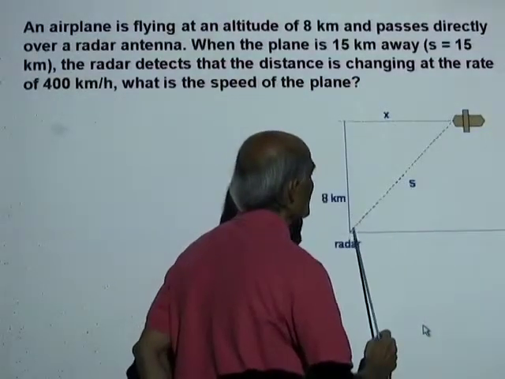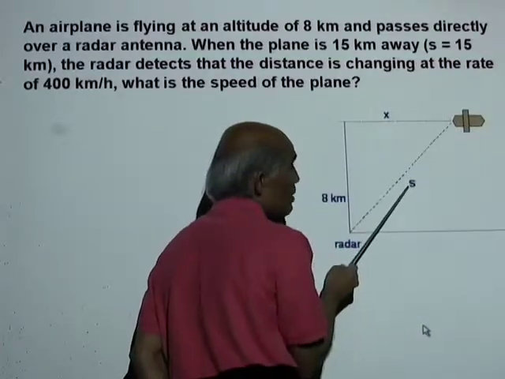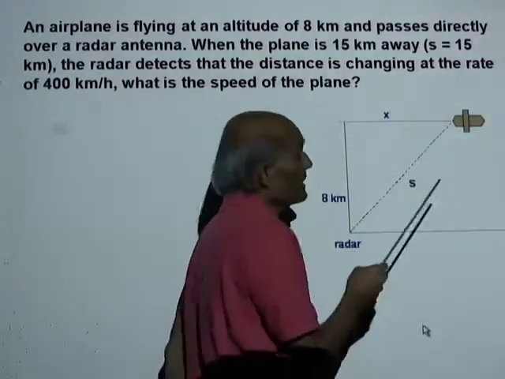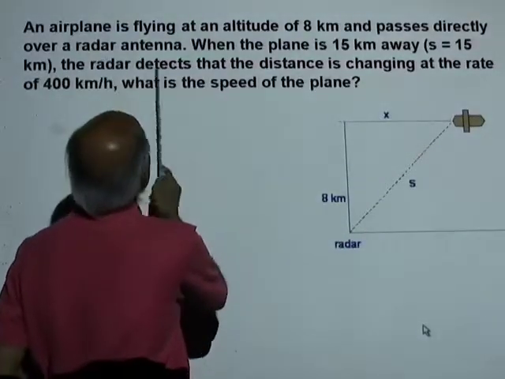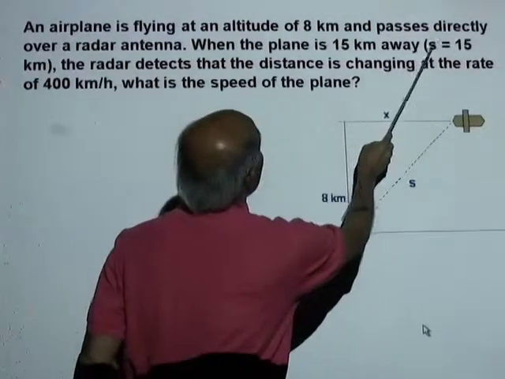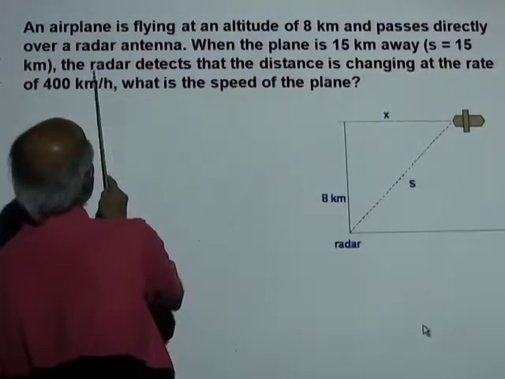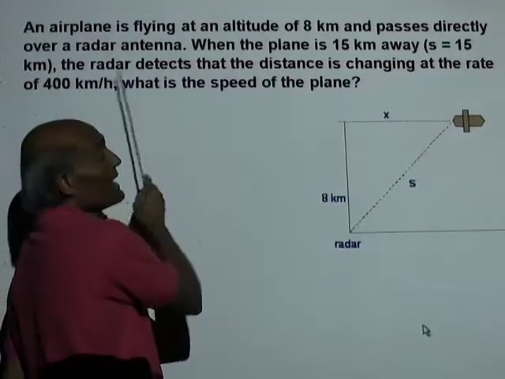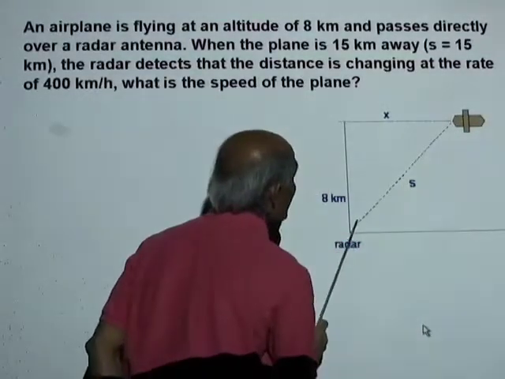Now, the distance of the radar station from the plane is this distance. I call it s. The rate at which s changes is given to us. What is that? s changes at 400 kilometers per hour when s equal to 15 kilometers.